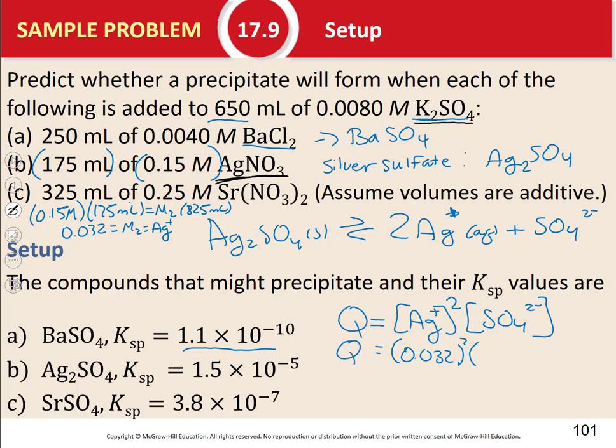All right. Do the same thing for the sulfate ion. So for the sulfate ion, M1 is going to be 0.0080, V1 is going to be the 650, and V2 is going to be, again, the 825.